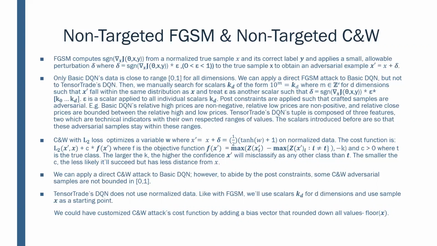Additionally, if you wanted to make this more complex, a little closer to CW, we could have included another bias, which would compensate for the value differences between the rounded down values of an adversarial to the true sample so that we can bound the estimated delta to be between 0 and 1, and that would still be valid.